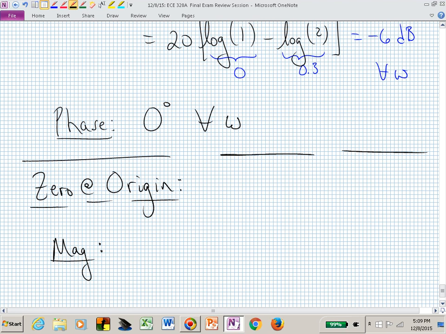Where do we pin it? So now this is a slope of plus 20 dB per decade, or if you needed to look at a shorter frequency interval, you might say plus 6 dB per octave.